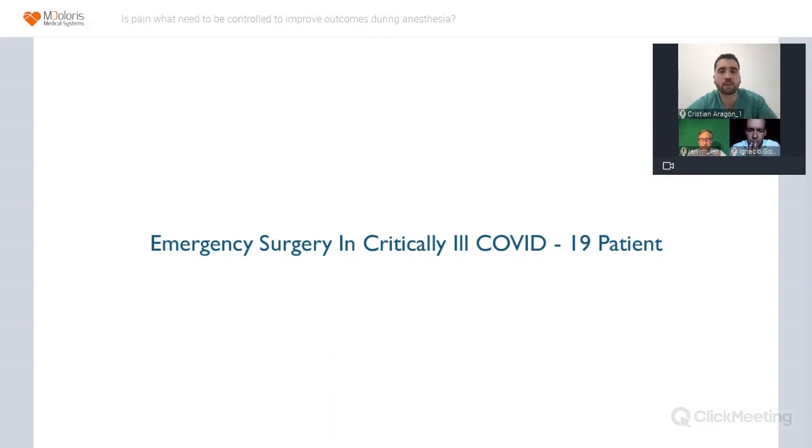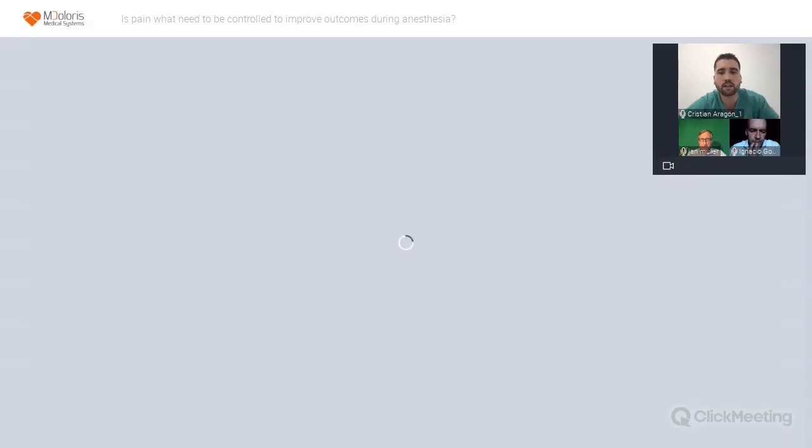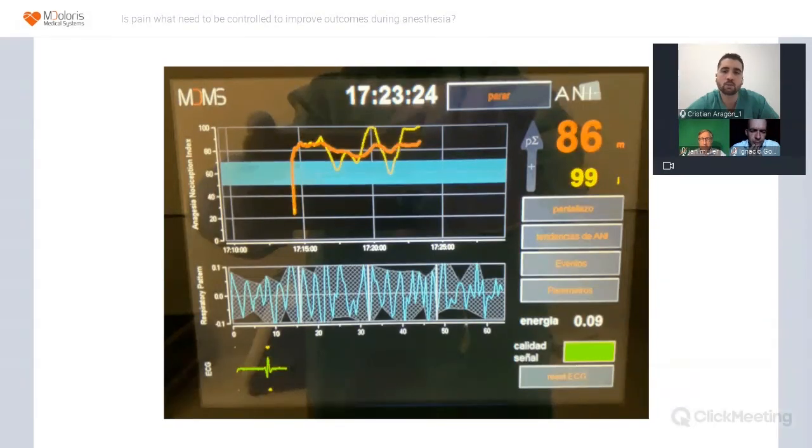This is similar to what happened in this last case of a critically ill COVID-19 patient. We had to perform an emergency surgery for an open cholecystectomy. As you can see, before any stimulation, the patient had an ANI of 86 or even an instant ANI of 99. That's why he had almost a total depletion of the sympathetic system, and the energy was also at the limit of 0.09 milliseconds.